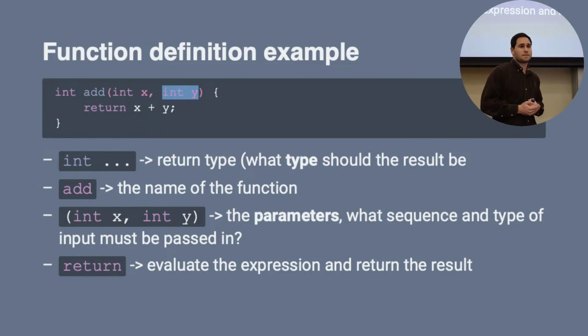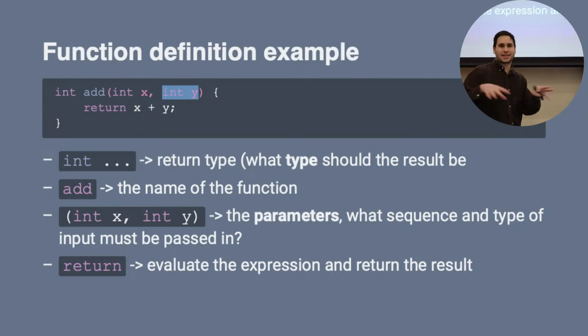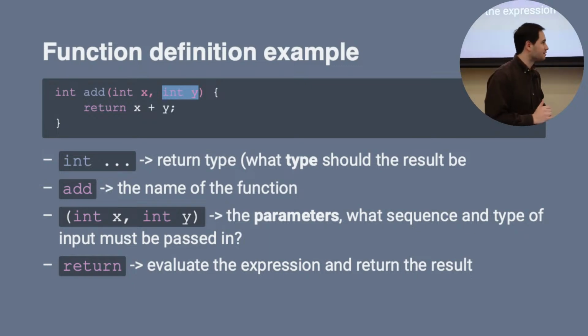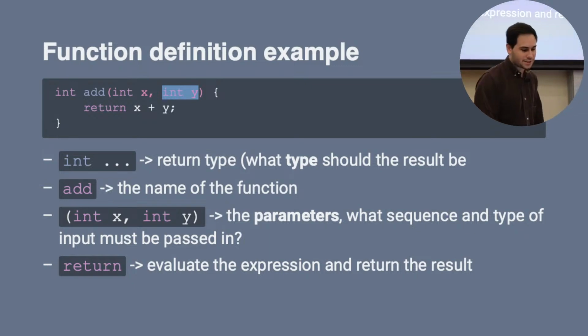So that's 0 inputs. Void just means nothing, the lack of input. So when we write main, you notice we put void in the brackets because we don't have any input to main yet. We might at some point.